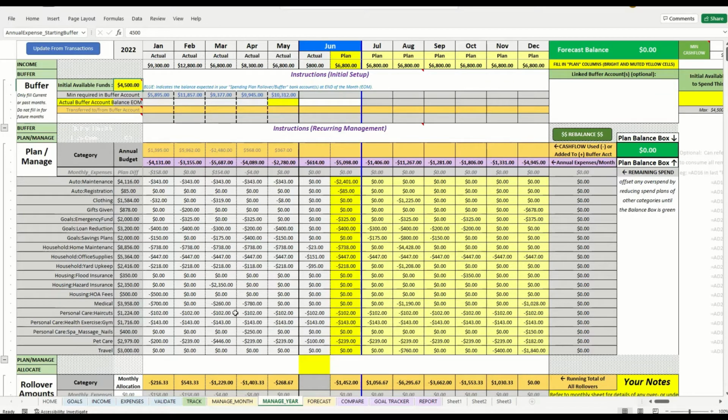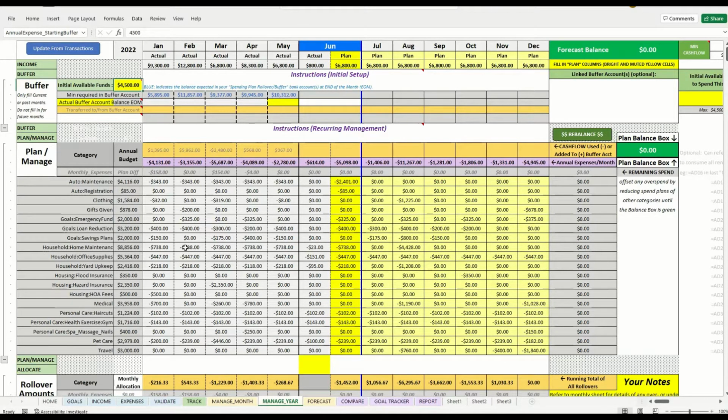So on December 31st of last year, I look at my two savings accounts and my one checking account, and I add up all that money on December 31st, and then I subtract the balance of any credit cards that I have, that's my current available cash. That's the amount that I will put in this box, and that sets the baseline for the cash flow forecast.